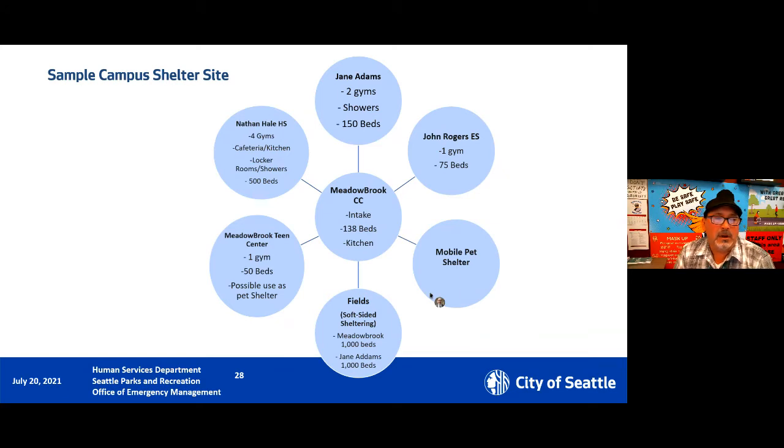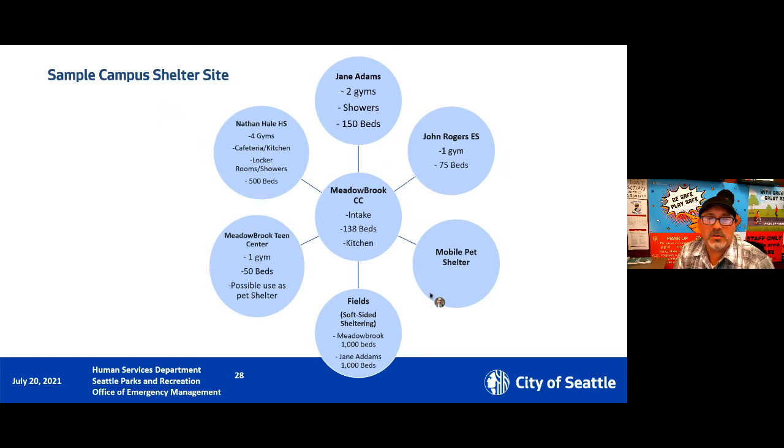So here's a sample of the breakdown of how we would create a campus type shelter site. So we have 7 circles. We have 1 circle in the middle, and we have 6 circles surrounding the middle circle. So the middle circle is the Meadowbrook Community Center, and we can host about 138 beds, and we also have a kitchen and an area for intaking folks that would be coming into the shelter.